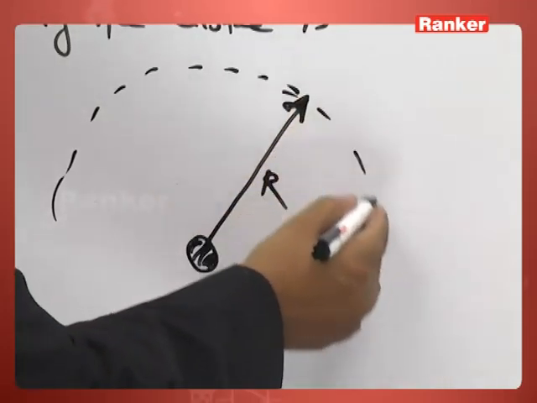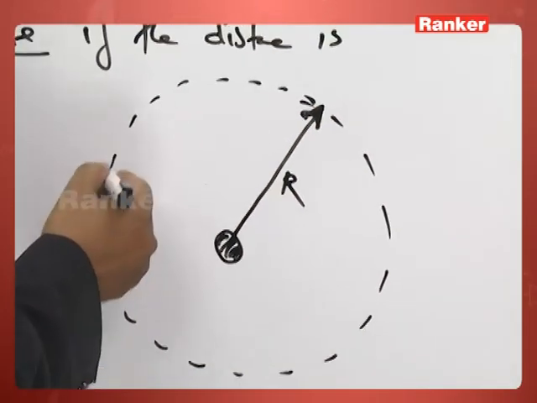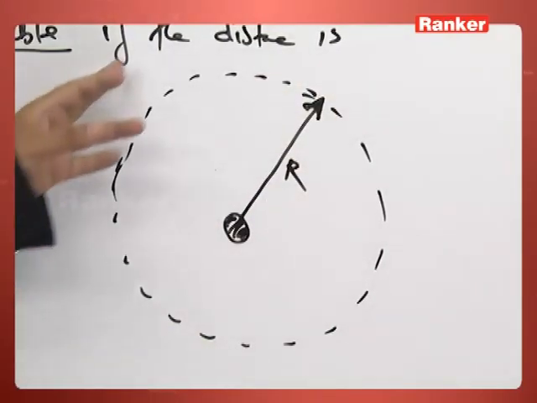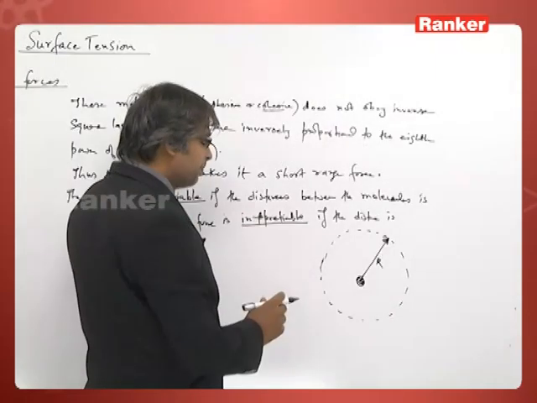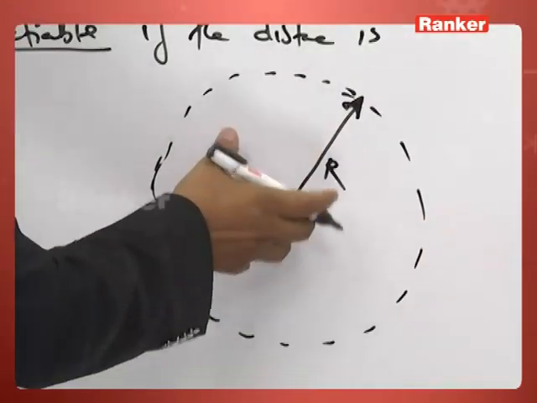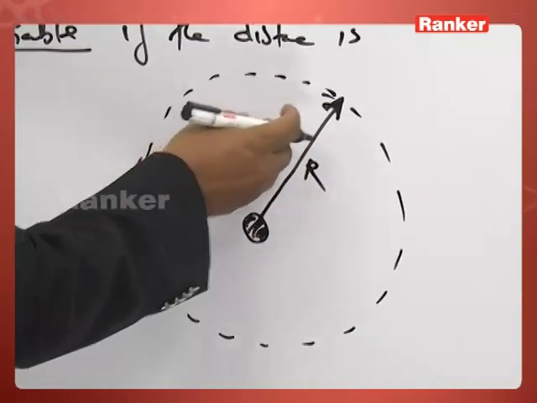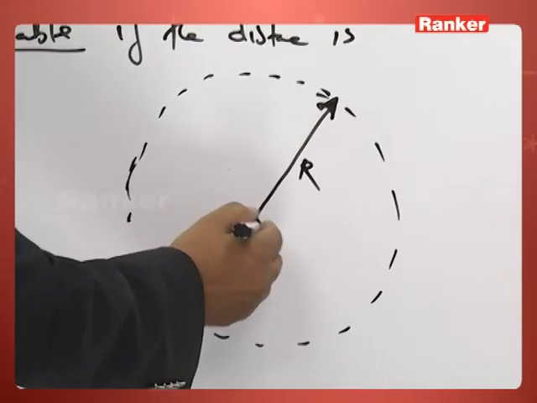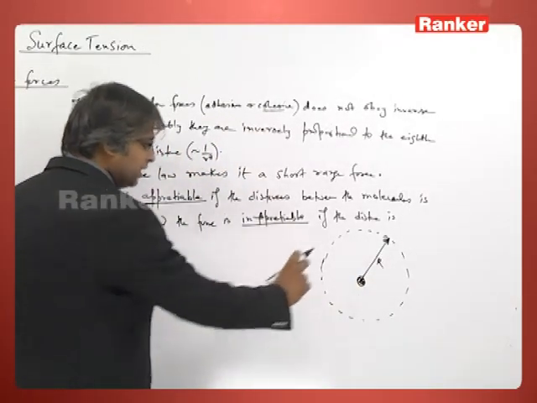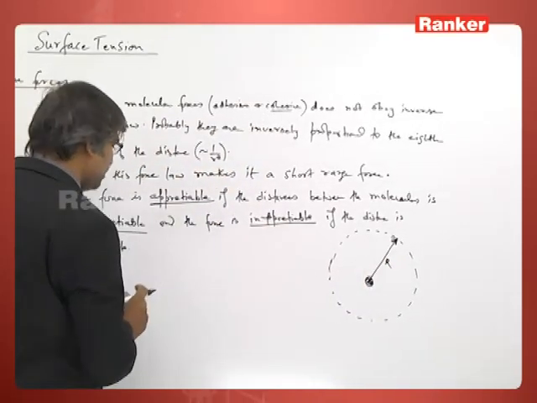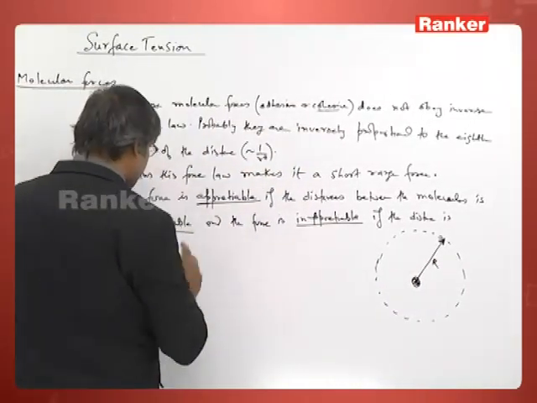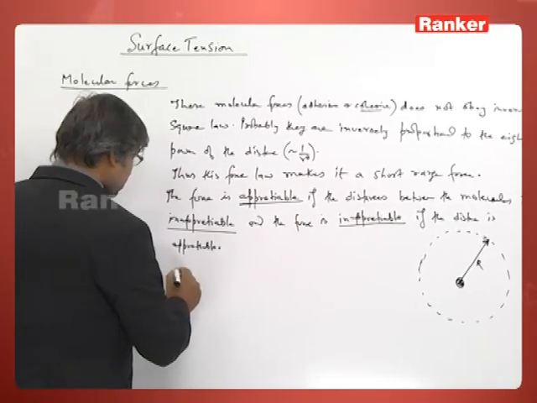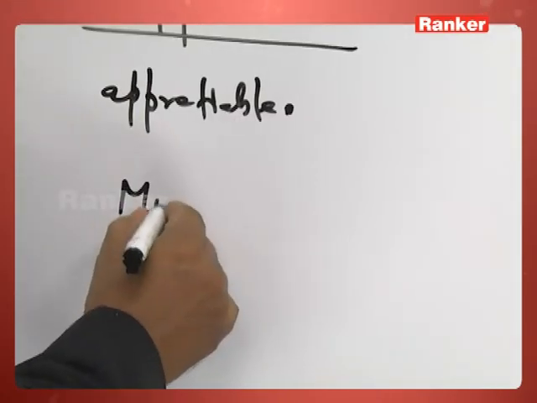If I draw a sphere of radius r equal to the range of molecular influence, only those molecules which lie within this sphere will be attracted, and those beyond will not be affected by this molecule. So, we define this as the radius of molecular influence, the molecular range.